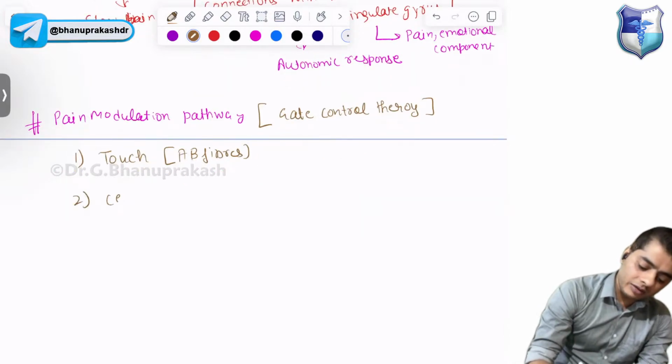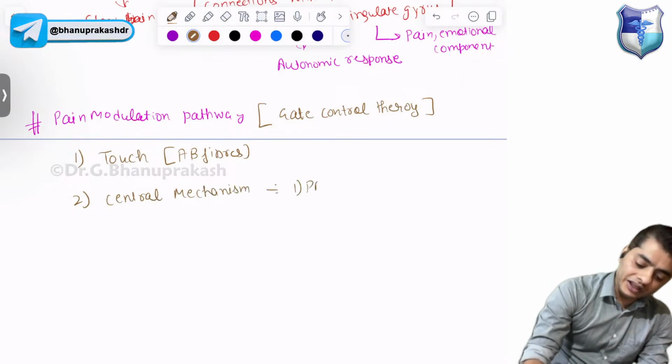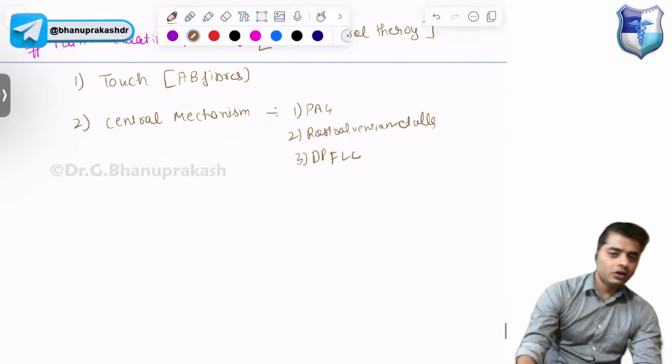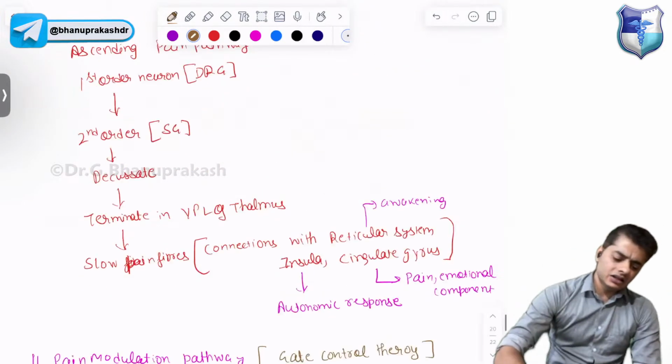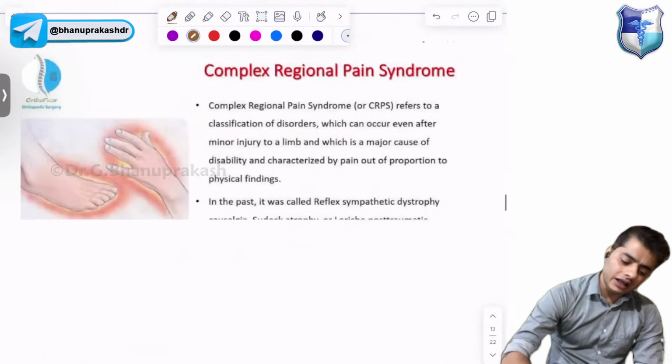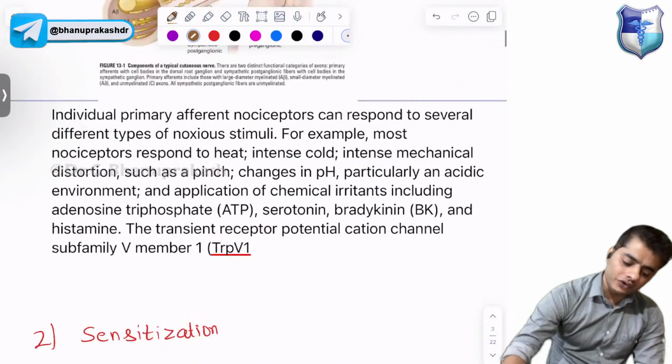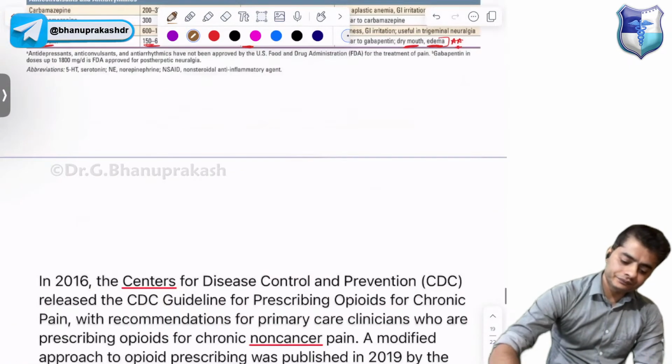Second, through central mechanisms, that is through PAG, through rostral ventromedial medulla, DLPFC. Okay. So this much you have to study in pain, and I guess this is more than enough to answer any MCQ related to pain that will be asked in any competitive exam or in writing any kind of question. Okay. Thank you.